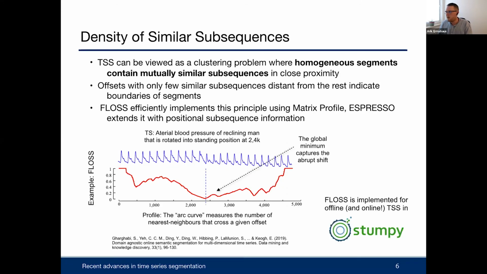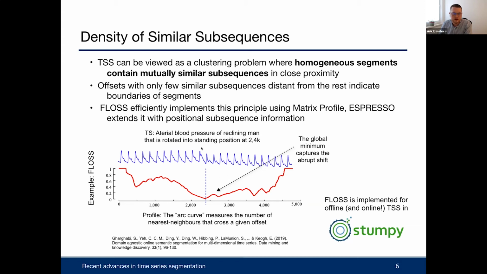If we go on, there is a whole other set of approaches or techniques which are based on similarity search. Here the idea is to measure the density of similar subsequences. So we can see time series segmentation also as a clustering problem where homogeneous segments contain mutually similar subsequences in close proximity.